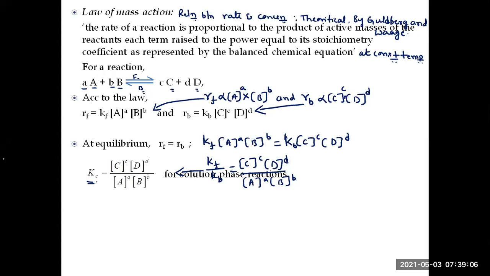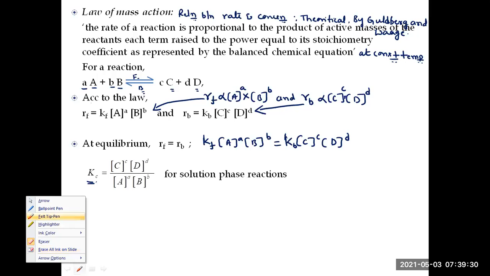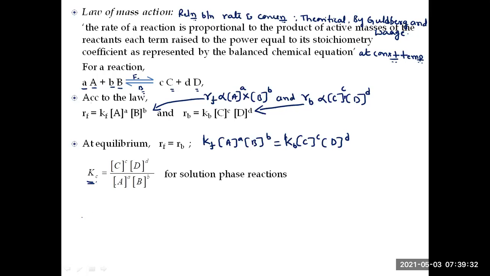Okay. If you are done with that, I'll just remove this part so it's visible for you. So now Kc is nothing but Kf by Kb, and Kc is equal to [C]^c [D]^d divided by [A]^a [B]^b.